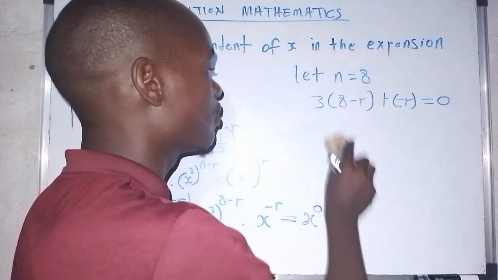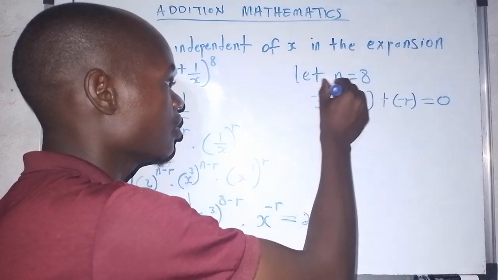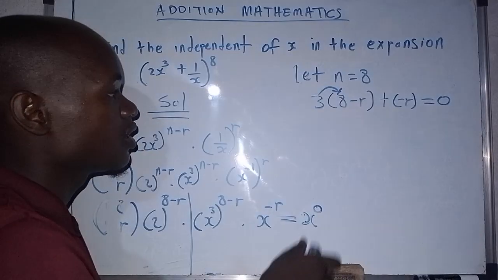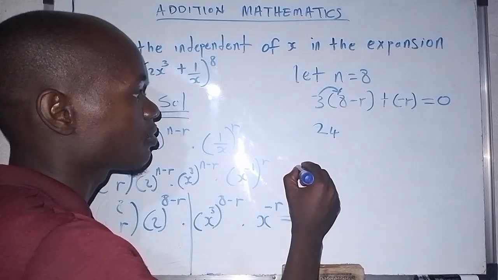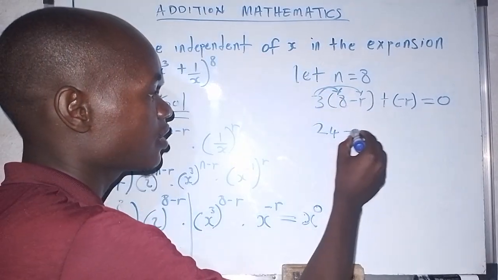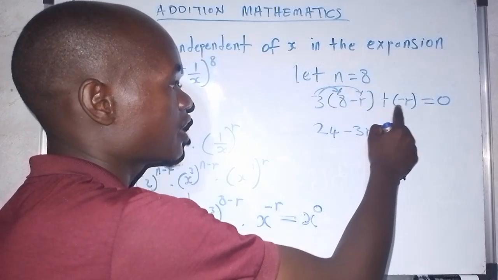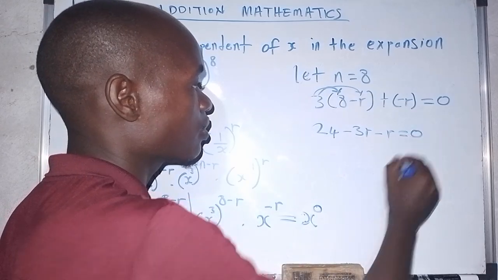Now from here, this 3 you multiply with 8. So 3 times 8 is simply 24. Then again, the same 3 you multiply with negative r, you get negative 3r. This positive times negative gives negative, so minus r equals to 0.